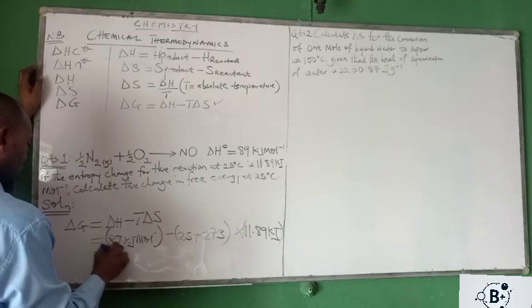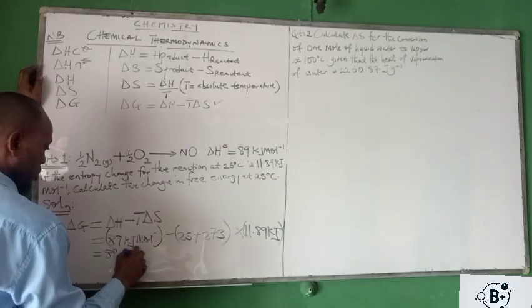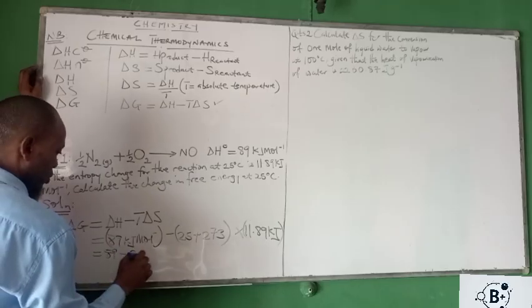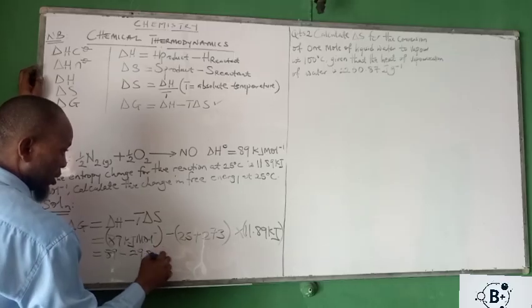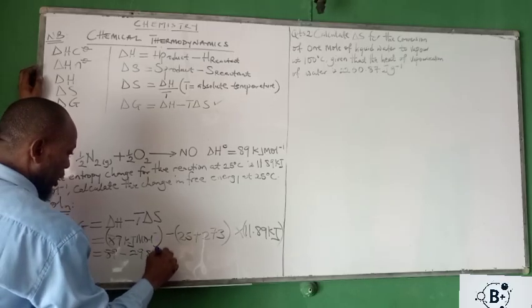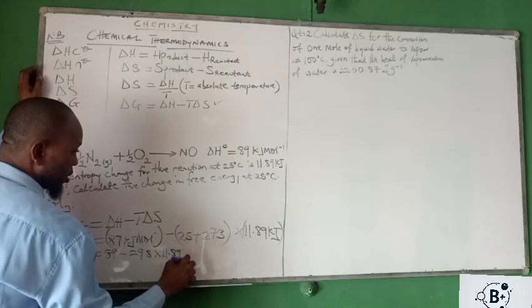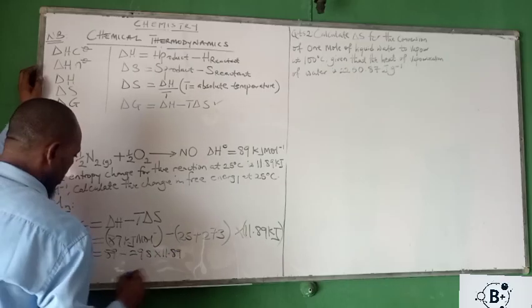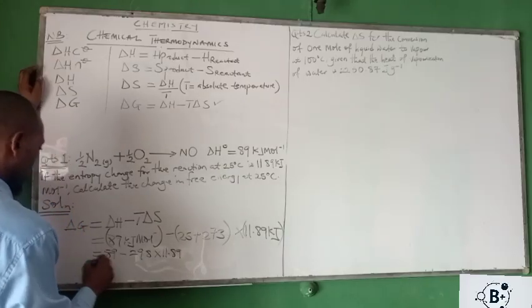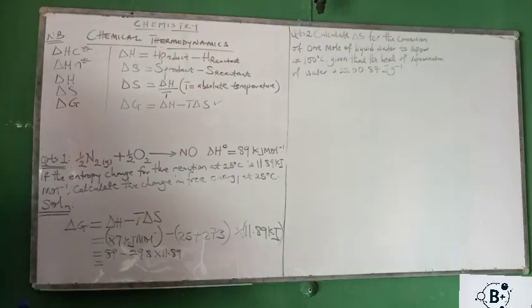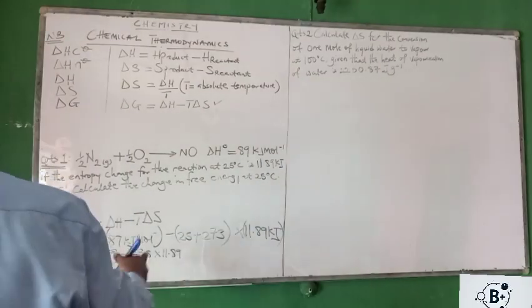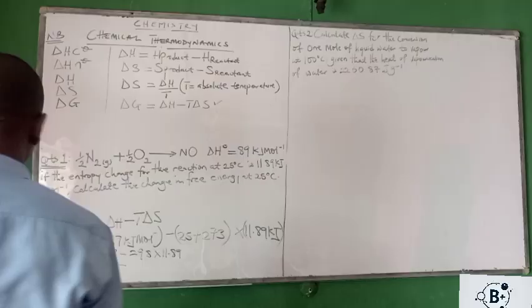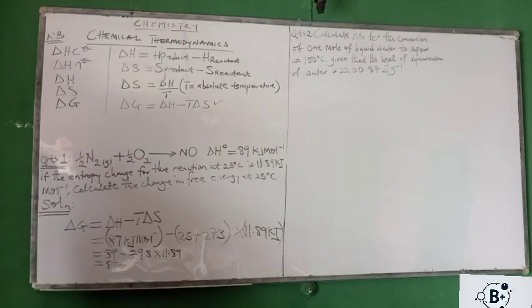So that is 89 minus 298 times 11.89. So this gives 89 minus this times this. So let's do 89 minus 298. We compute 298 times 11.89.